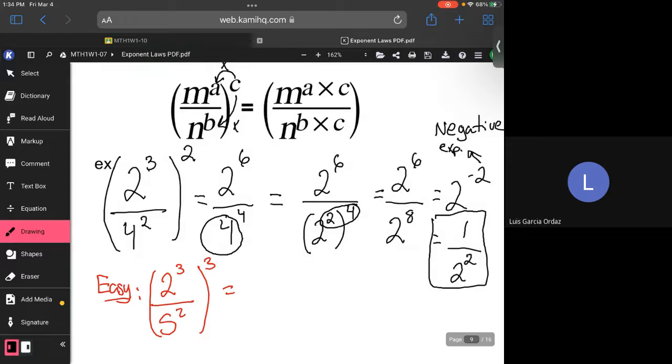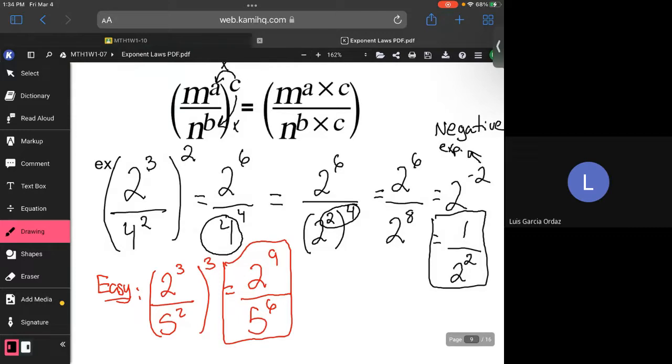Matthew. 2 to the power of 9 and 5 to the power of 6. Perfect. Good job, Matthew. So 2 to the power of 3 divided by 5 to the power of 2 becomes 2 to the power of 9 divided by 5 to the power of 6.